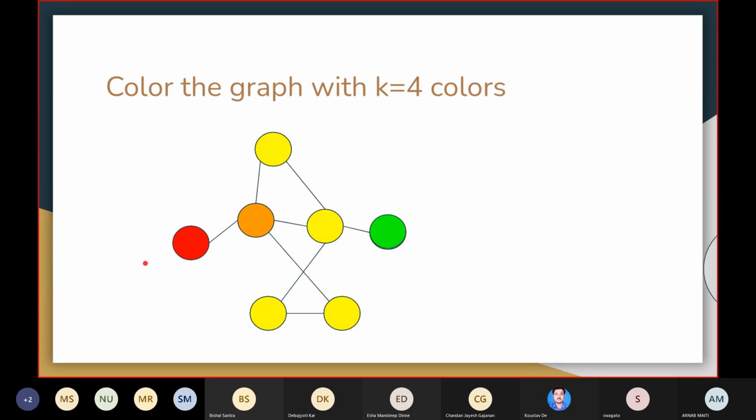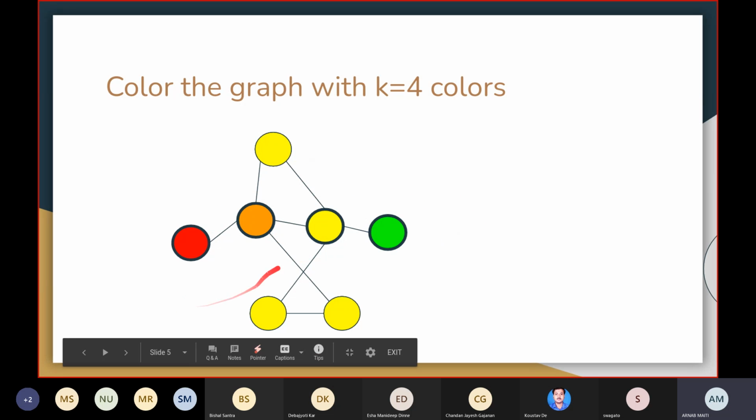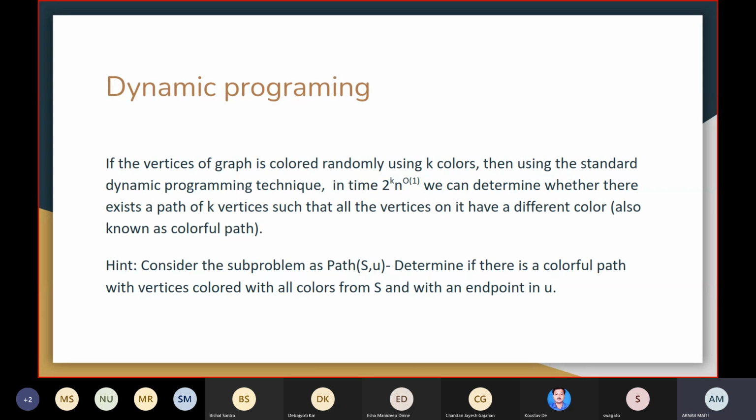And we observe that there is a path of 4 vertices where each vertex is colored differently. If we have such a path, then we can find this path very quickly. It can be done using very easy dynamic programming.